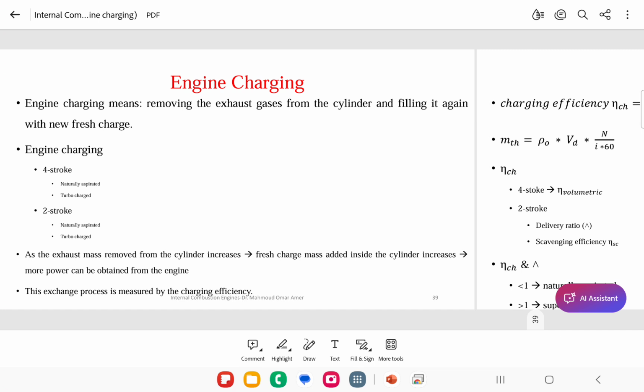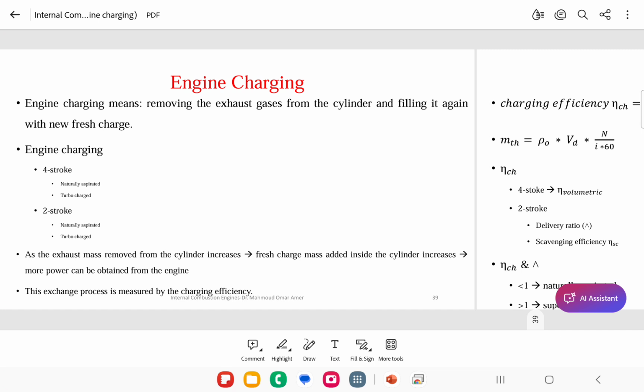According to the engine type, 4-stroke or 2-stroke, you can have a naturally aspirated engine or a turbocharged engine. Naturally aspirated means the intake is drawn inside the engine by the suction of the piston as it goes down. If it is turbocharged, you have a turbocharger driven by the exhaust to compress the air that enters the cylinder. Why do we use turbochargers?